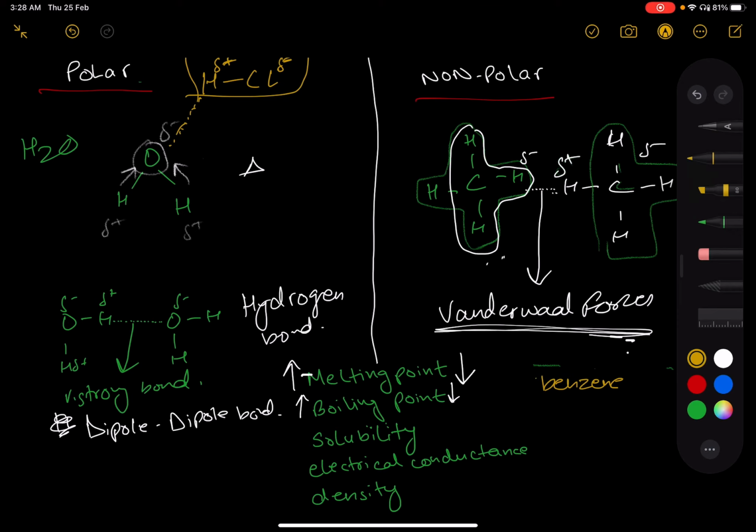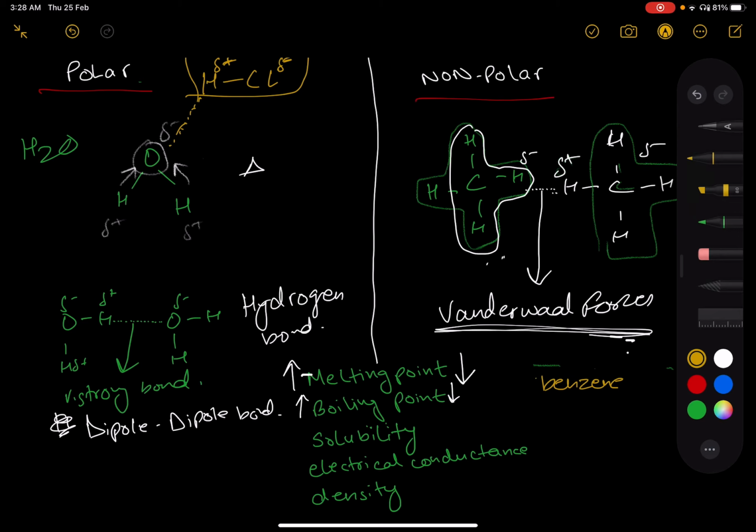Likewise, methane will not dissolve in water, but it will dissolve in benzene. Why is that? Because van der Waals forces can exist between benzene and methane so that they can dissolve. So the rule is like dissolves like. Polar will dissolve polar, non-polar will dissolve non-polar.